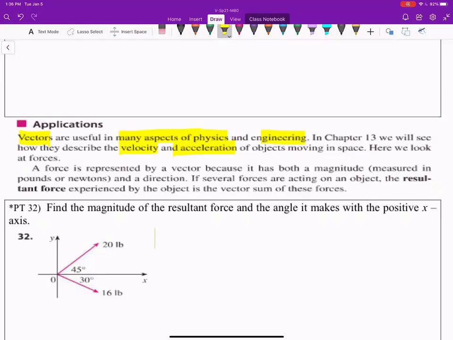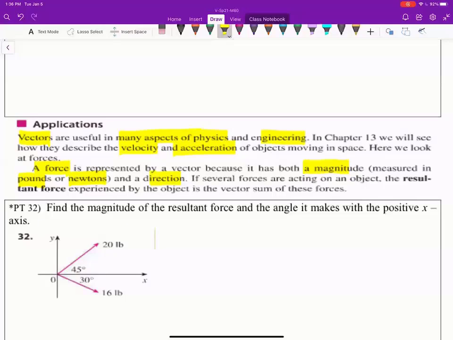Here we look at forces. A force is represented by a vector because it has both a magnitude, measured in pounds or newtons, and a direction.